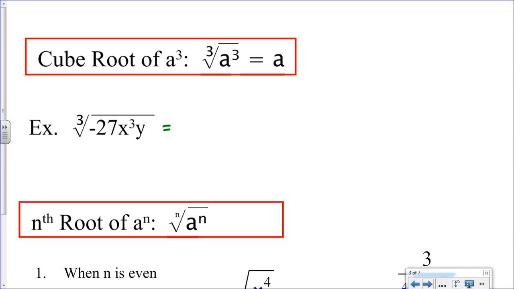So I'm going to go ahead and separate these, the numbers and the variables. Since I'm multiplying, I can separate. So the cube root of negative 27 times the cube root of x cubed times the cube root of y.